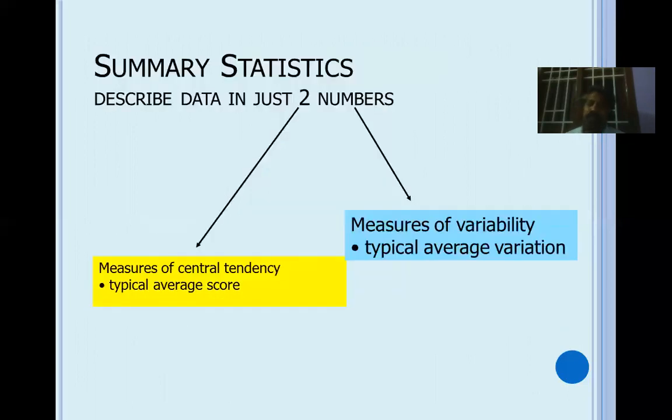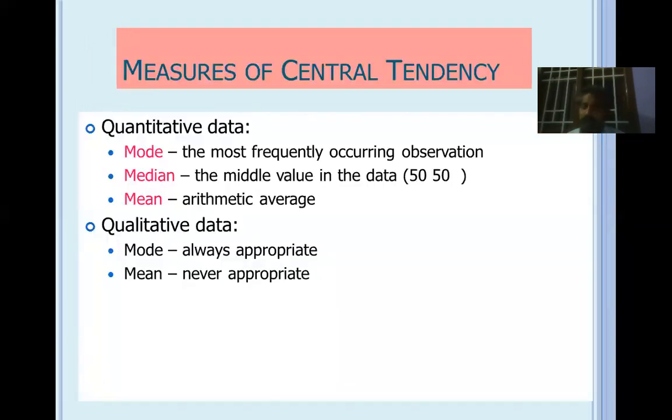And when you talk about summary statistics, you can have 2 ways of summarizing your data. One is measures of central tendency, which talks about averages. And there's something called the measures of variability, where we talk about an average variation. Fine. Measures of central tendency has 3 different items: mode, median, and mean.